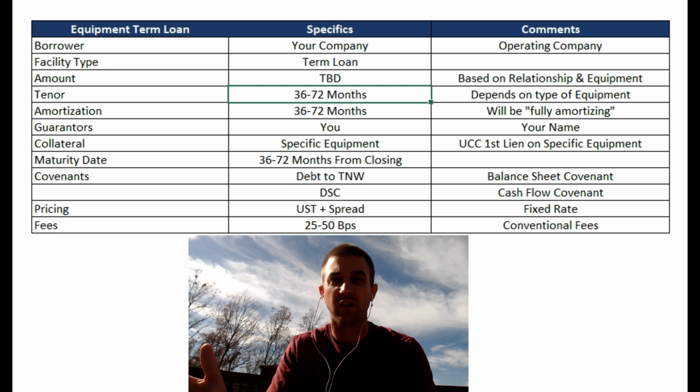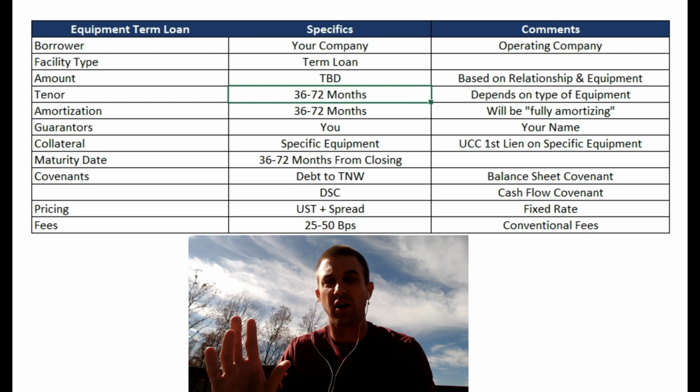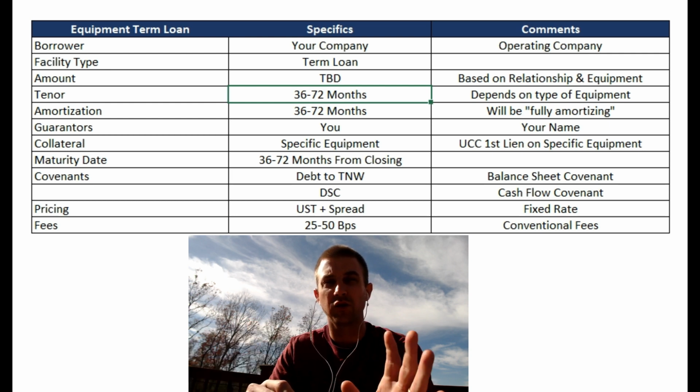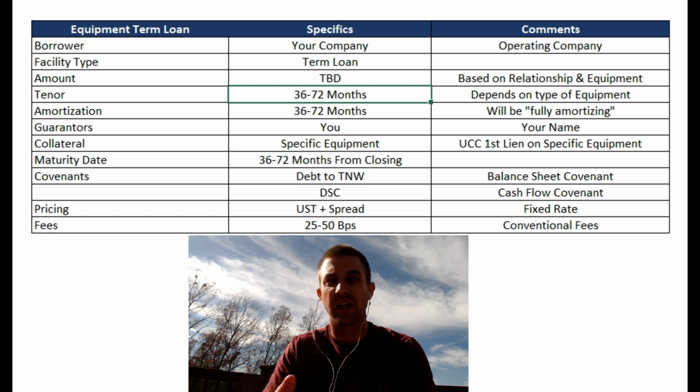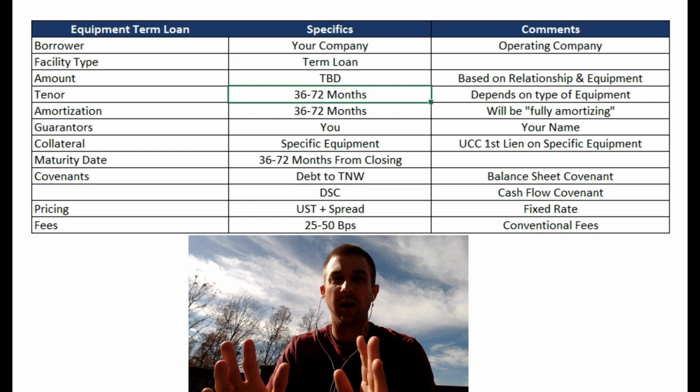You can get even longer based on what it is, and if you can make a sound argument, because they're always trying to match the life of the loan with the useful life of the equipment. So if you have a piece of equipment and you can argue that it's good for 15 years and it's not going to need a bunch of refurbishments or anything like that, you can probably get a 15-year tenor on a deal.